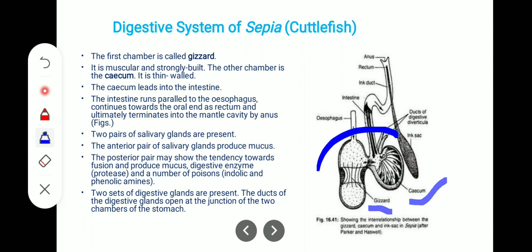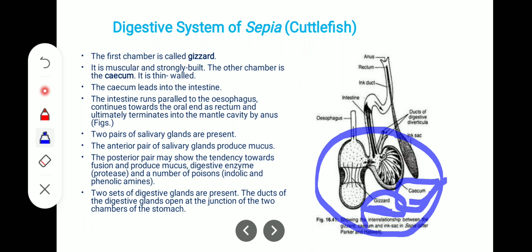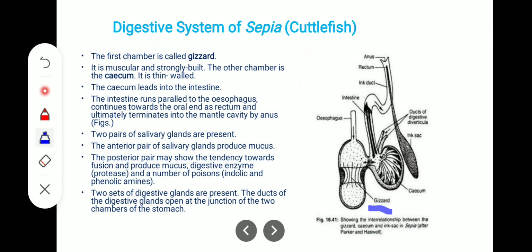This is the stomach, two chambers, first gizzard, second cecum, then intestine, rectum, and finally anus. See here the ink gland of sepia, which is present here, the ink sac. Indolic and phenolic amines are present in this ink sac or ink gland.